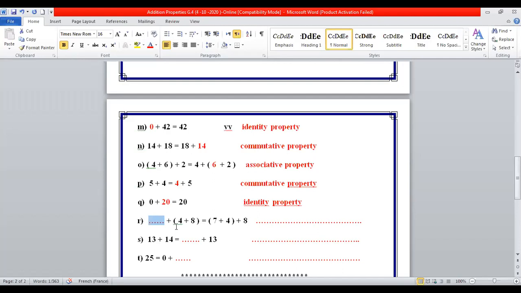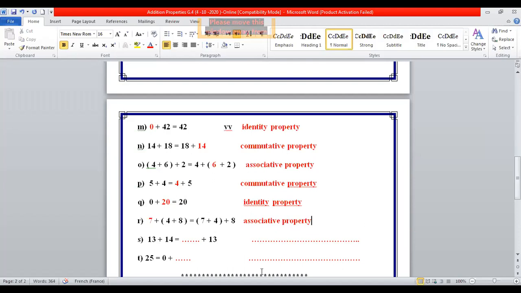What is the first number after the equal sign? 7. And here the missing number is the first, also it will be 7. Now you have the same 3 numbers. What is the name of the property? Associative. Yes, associative property.